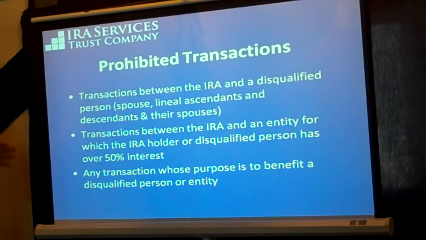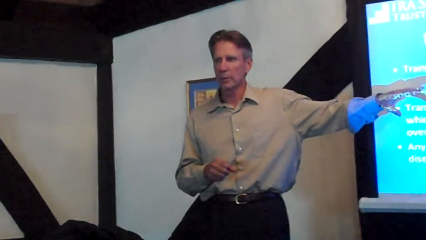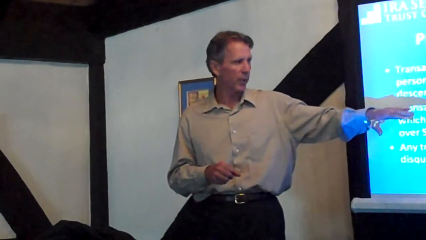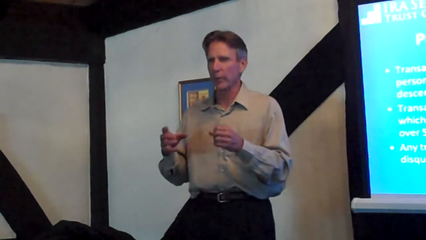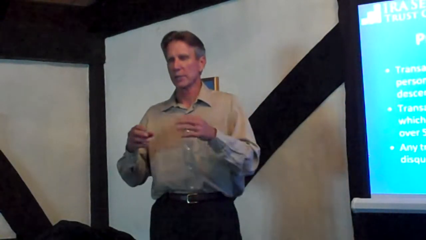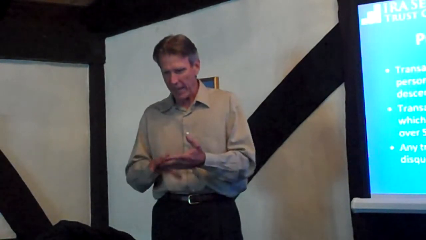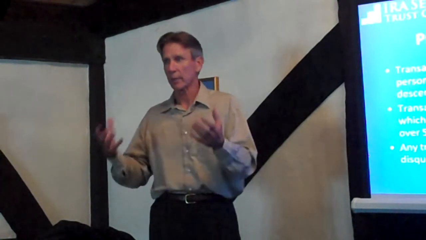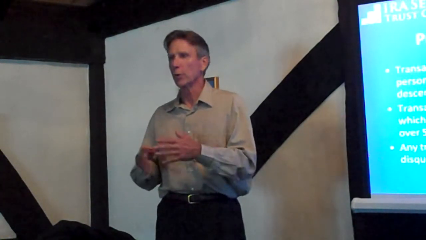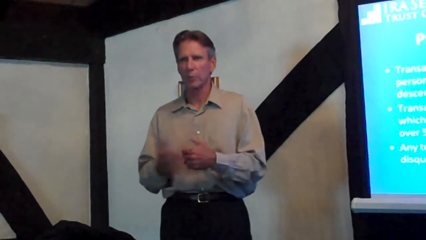The whole prohibited transaction issue is that you cannot have transactions between the IRA and a disqualified person or entity. The IRS defines a disqualified party as parents, children, spouses, and any entity in which any of those disqualified people have a majority interest. So you can't do favors for these disqualified people, basically.